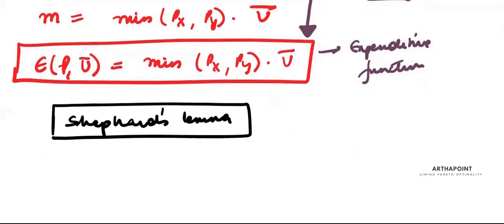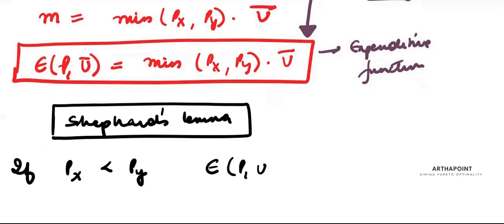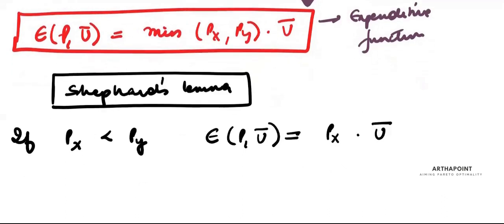So for Shepard's lemma, I say case 1, if Px is less than Py, then my expenditure function, min of Px and Py, will be Px into U bar. So my X will be how expenditure changes when Px changes, which will be U bar.